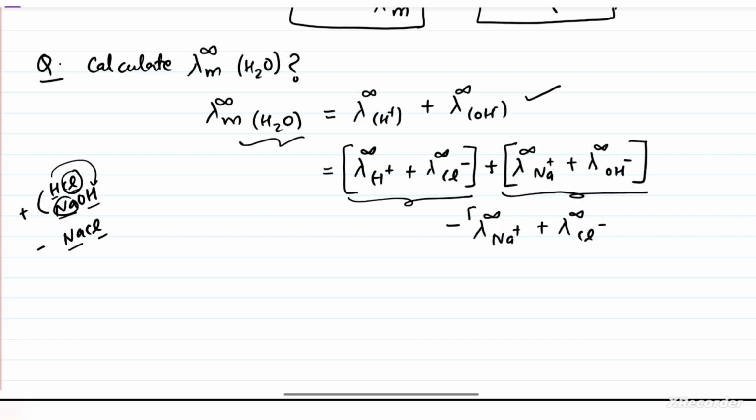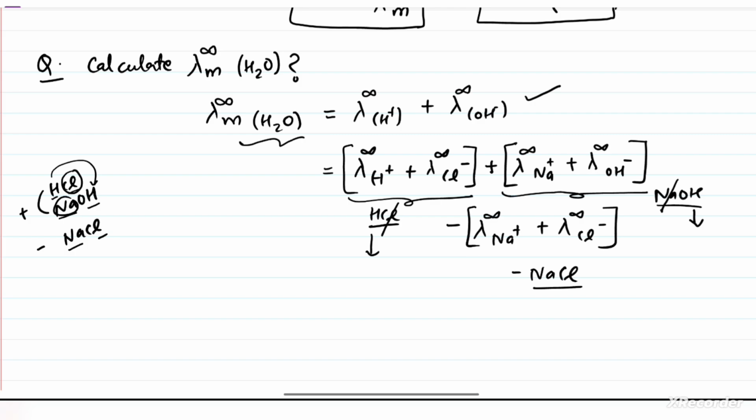When we add the first two, we get HCl. When we add the next two, we get NaOH. And when we subtract this, we are subtracting NaCl, so Cl gets eliminated and Na gets eliminated. So what we are left with is H and OH.